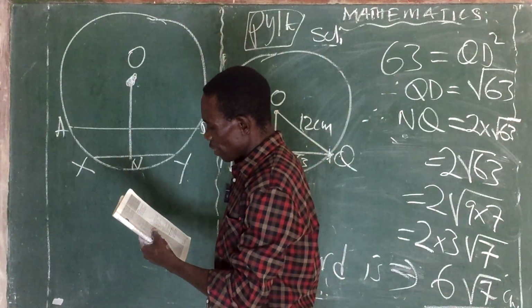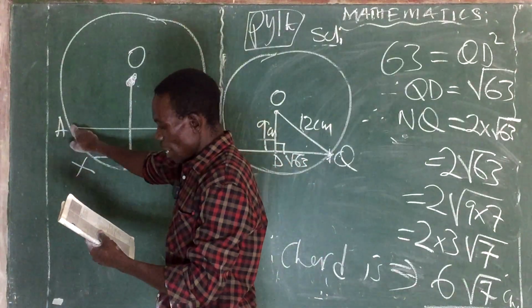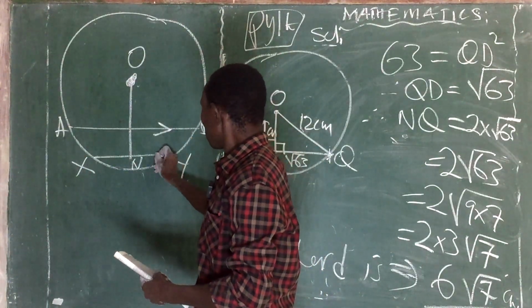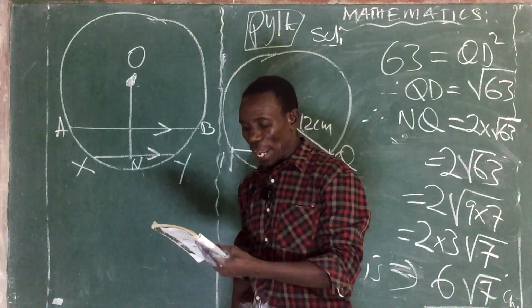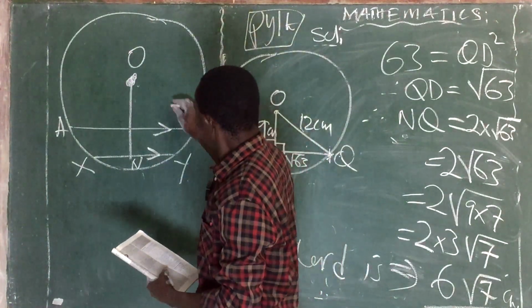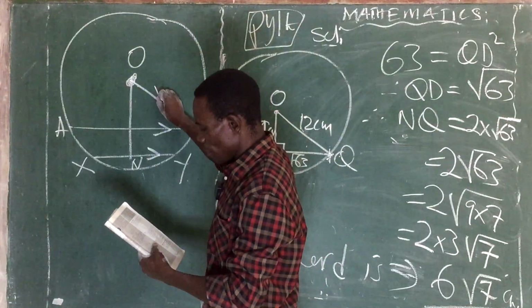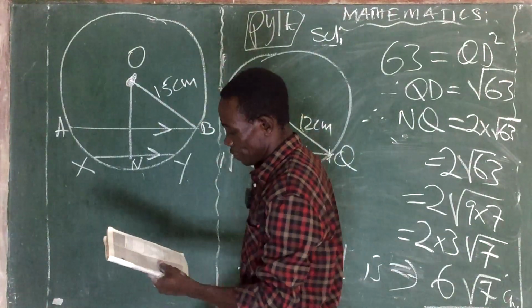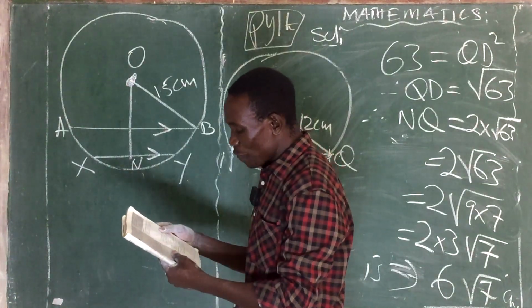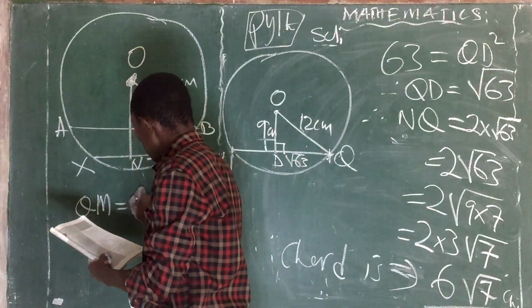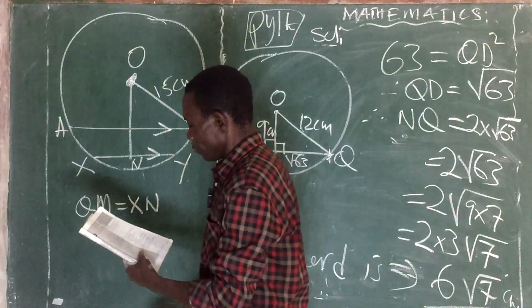We are told that chord AB is parallel to chord XY. There is a line from O to B, and this one is given as 15 centimeters. Also we have side OM equal to XN.